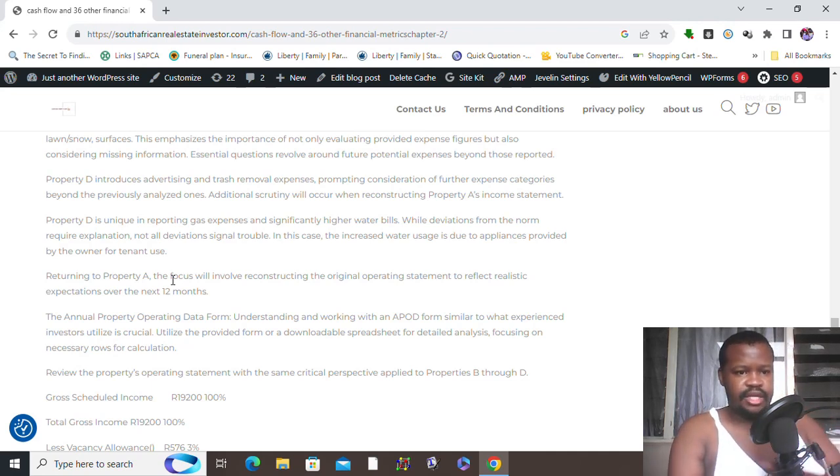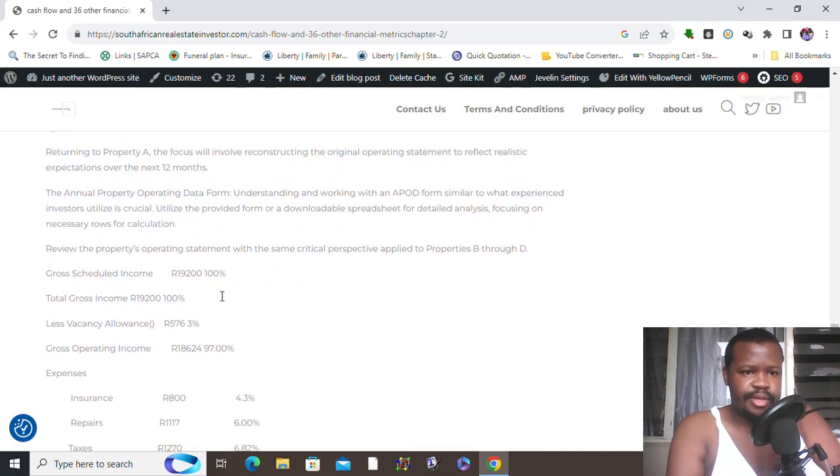Returning to Property A, the focus will involve reconstructing the original operating statement to reflect realistic expectations over the next 12 months. The annual property operating data, or APOD, form. Understanding and working with the APOD form, similar to what experienced investors utilize, is crucial.